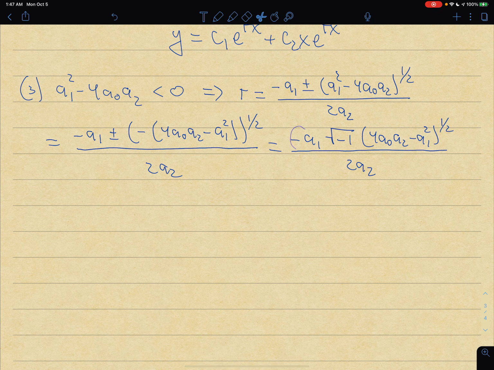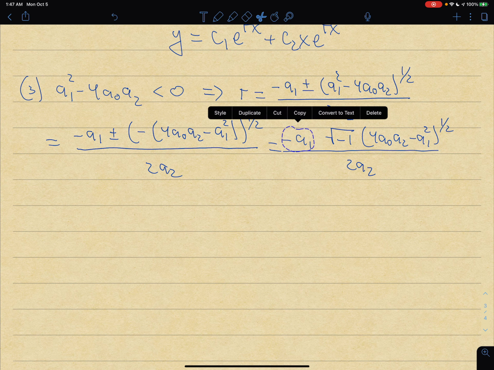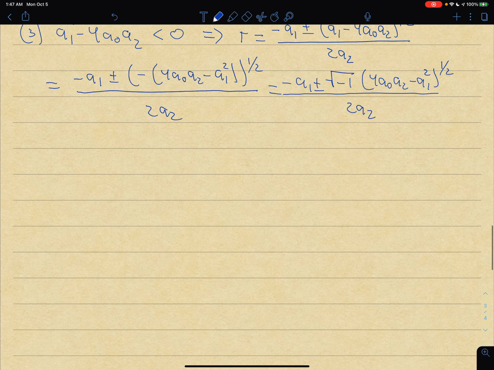And I'm missing plus or minus, so let me add it here. Plus minus. And so finally, for complex numbers, the square root of minus 1 makes sense, and it's an imaginary number i. So what you get is minus a1 plus or minus i (4a0 a2 minus a1 squared) to the power 1/2, divided by 2a2.